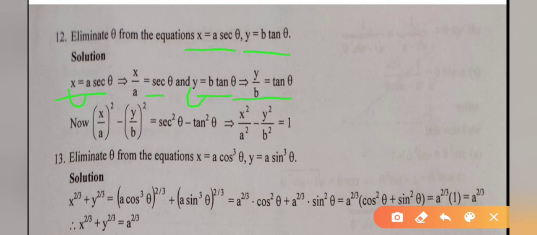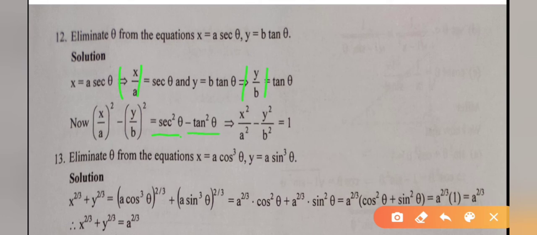Now take x by a whole square minus y by b whole square, which is equal to, x by a means sec theta, that is sec square theta, minus, as it is, y by b is nothing but tan theta, that is y by b whole square means tan square theta.